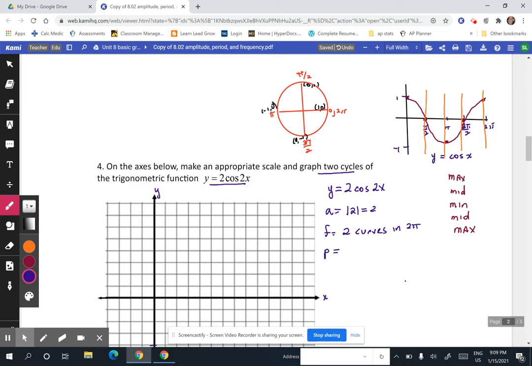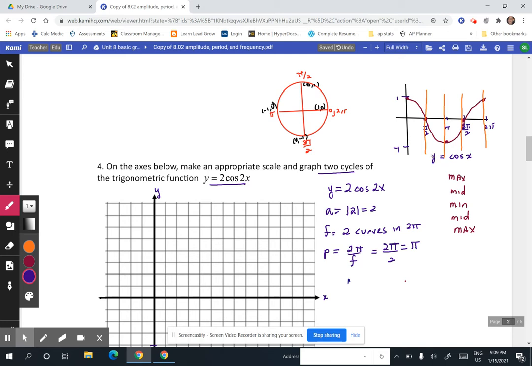The period of the function is when we expect to see the end of one cycle, and we actually have a formula for it, and it's equal to 2 pi over the frequency. So in this case, it's 2 pi over 2, or pi. In order to graph, we would need to now identify the maximum value.